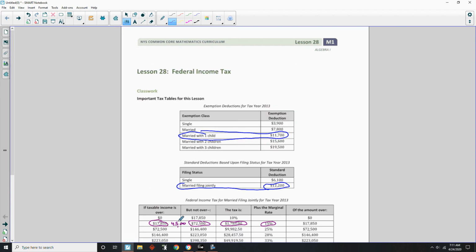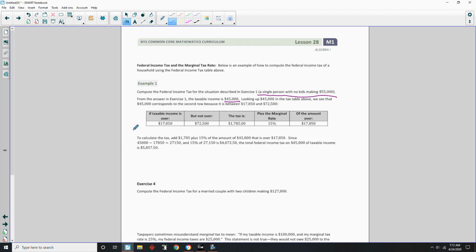Let me explain that. They took the taxable income, and then they want to know how much was over 17,850. So 45,000 minus 17,850 is 27,150. You take 15% of that amount over 17,850. So 15% of 27,150 is 4,072.50.